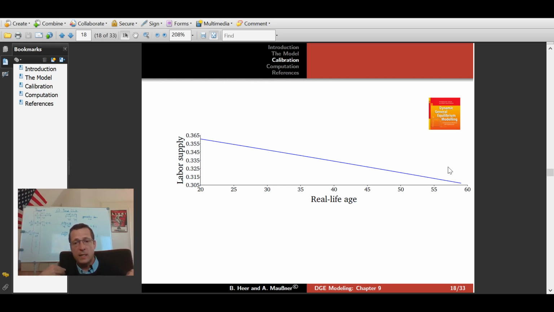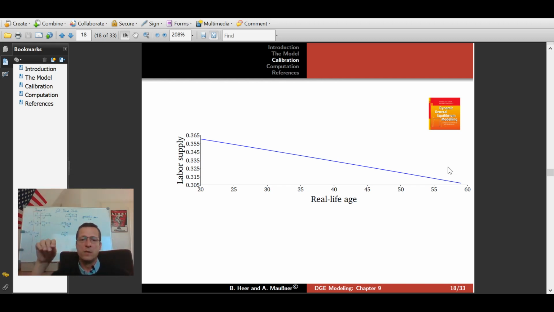Workers at my age, in fact, I'm 53, are the most productive according to estimates by Hansen for the United States. There it's age 52. And it's hump-shaped, and people at age 60 are much more productive than people at age 20.